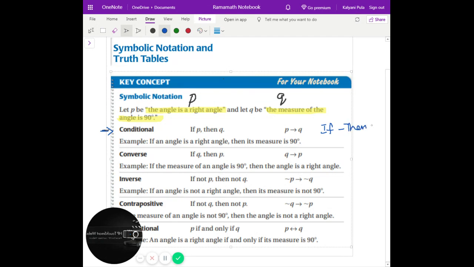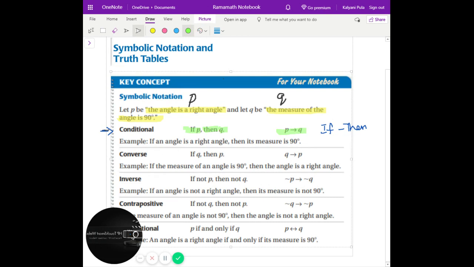That's what a conditional statement means: if P, then Q. In symbols, we write it as P implies Q, with one arrow and then Q.